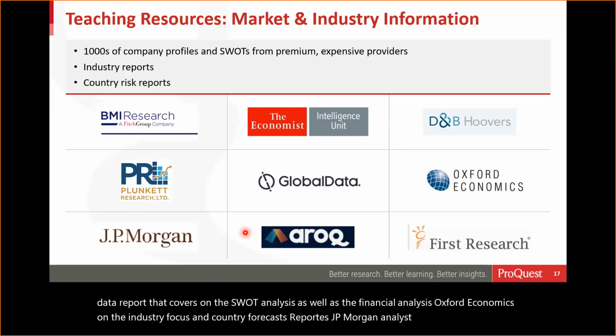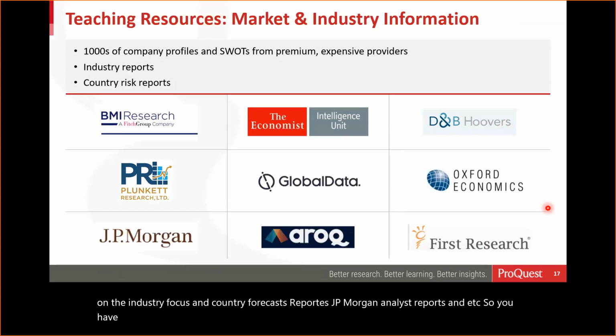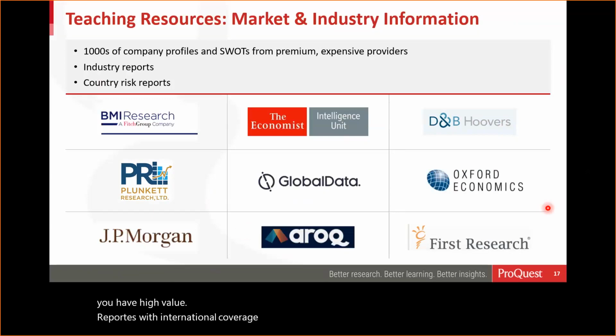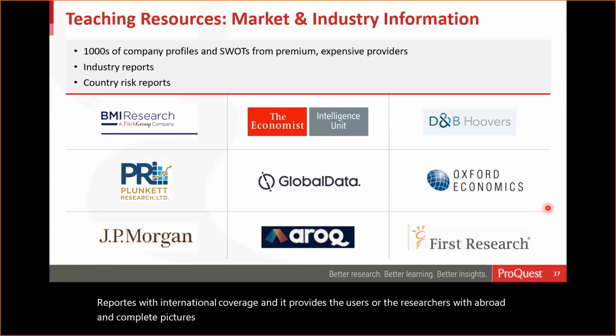So you have high value reports with international coverage, and it provides users and researchers with a broad and complete picture of industry performance, industry trends, company performance, or country trends around the world.